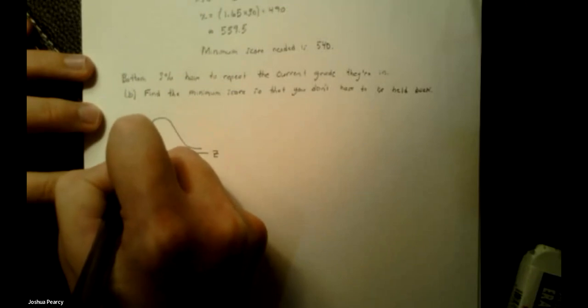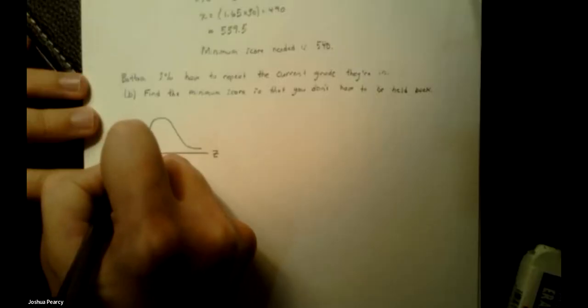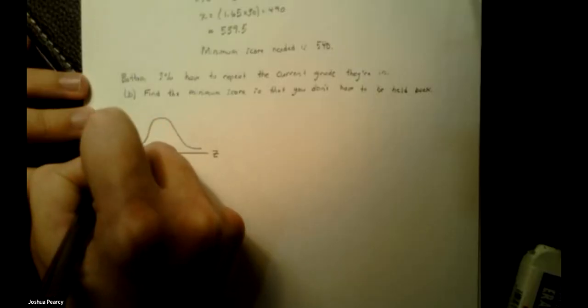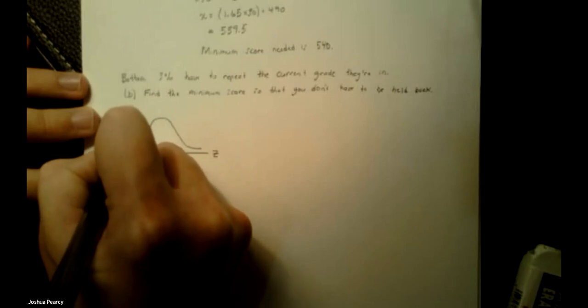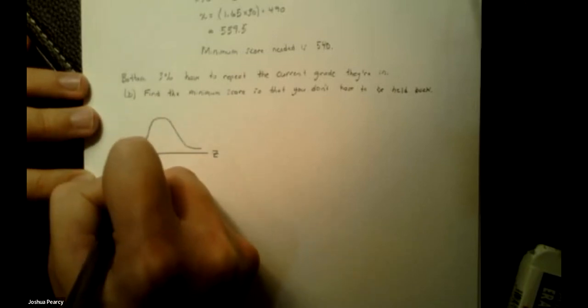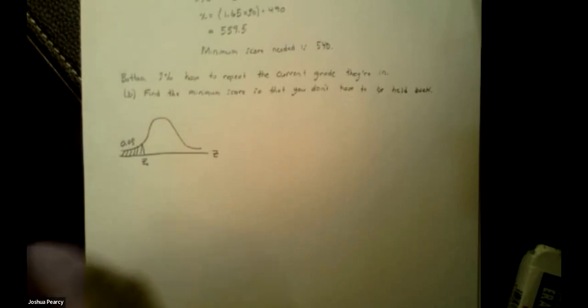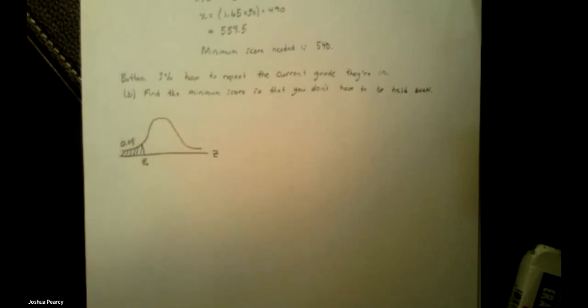Then the top 3% would be down here, right? The bottom 3% means only 3% or less than that. So the area to the left of some z-score is 0.03. And this is the unknown z-score, z naught. Then you need to look for a z-score with 0.03 area to the left.